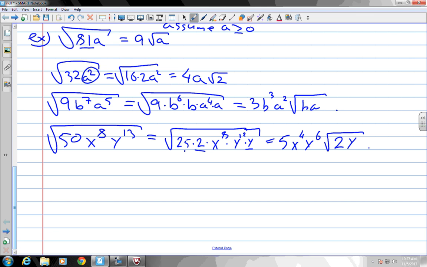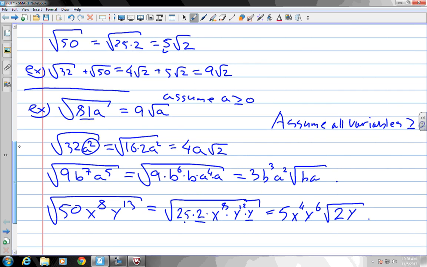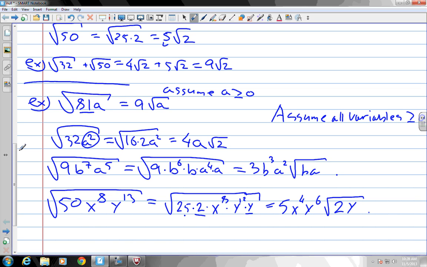Is that okay? But that's just assuming that all variables are greater than or equal to 0. Because otherwise it gets a little technical when you start taking square roots where negative values are allowed. So how's this? Does that make sense?